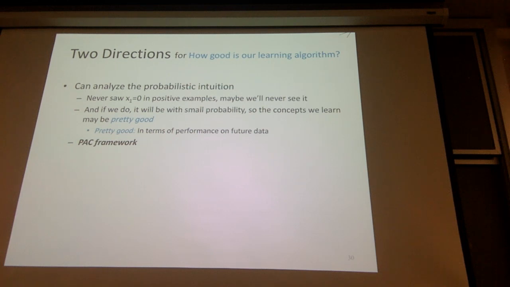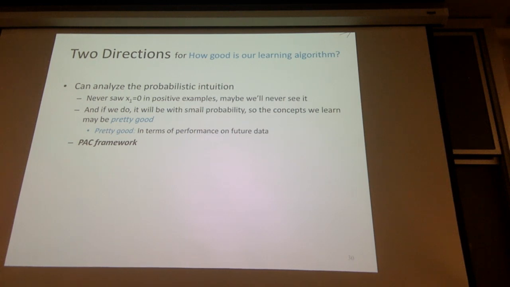Maybe the way nature is set up, it's a very rare event that x1 will be 0 with positive examples, so we'll not make too many mistakes in the future, because we drew examples from the distribution that nature supplied. Even in the future, we won't make this error because x1 will never show up with positive examples, or even if it does, it would be rare. As a result, our approximation is pretty good given this distribution of data.